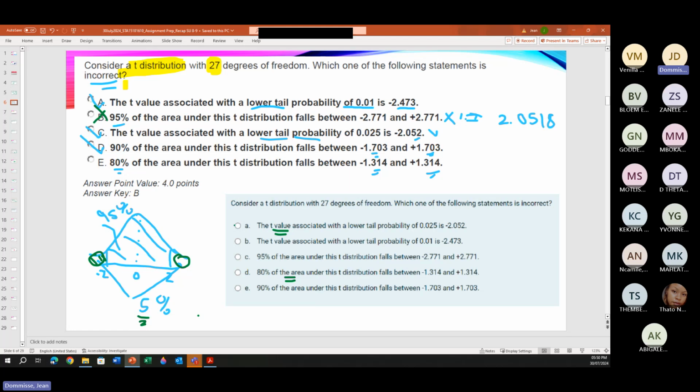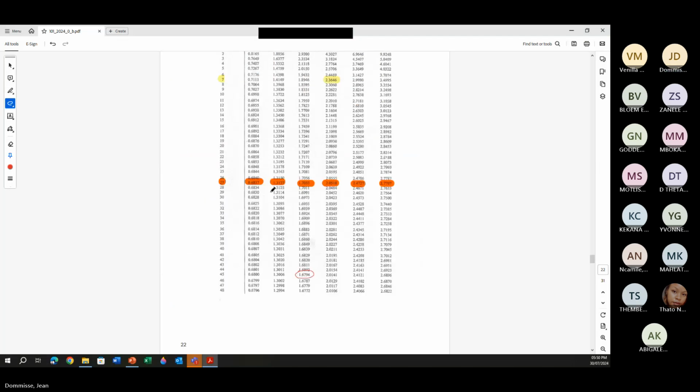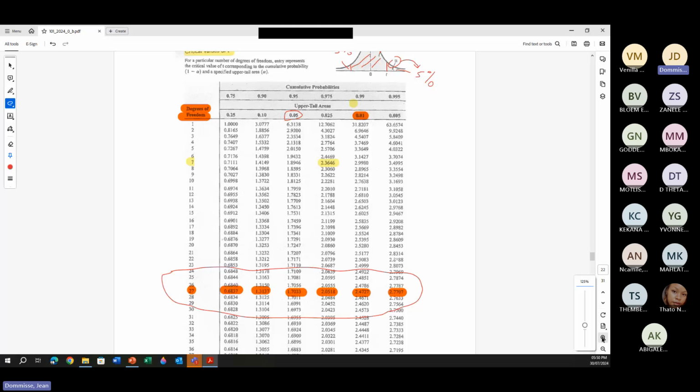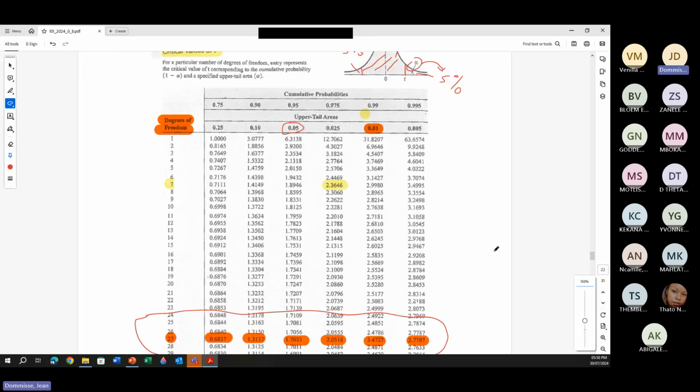So they tell us degrees of freedom is 27. Okay, so here we sit with all the degrees of freedom that are 27. So let's just see if we can make it a bit bigger.